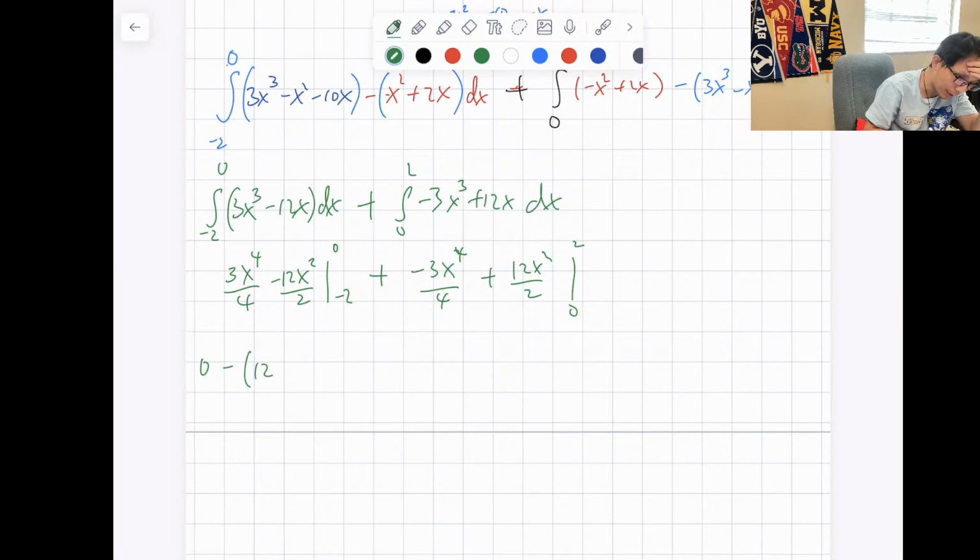If I plug in negative 2, it's going to be 4, cancel out of 2, 2. That's going to be plus 20, minus 24. Plus, I'm feeling they are the same, so that's going to be negative 12 plus 24.